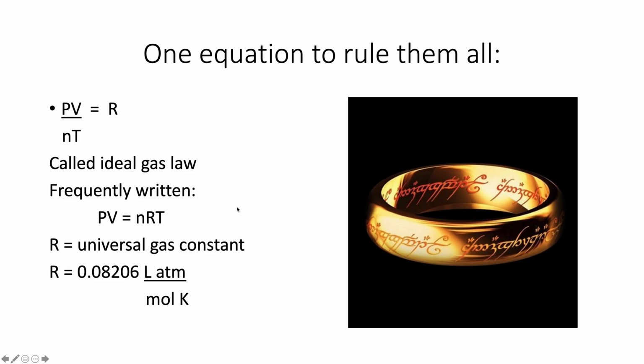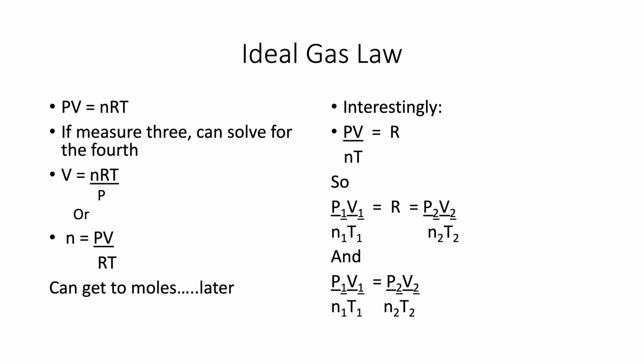All right. So we're going to do a bunch of problem solving. I'm going to show you how you can use this. What's very nice about the ideal gas law is if I can measure pressure, volume, number of moles, and temperature, if I measure three of these, I can get the fourth one because R is a constant. For example, if I measure the temperature, pressure, and number of moles, I can get the volume. Or if I want the pressure, I can measure the volume, the number of moles, and temperature.